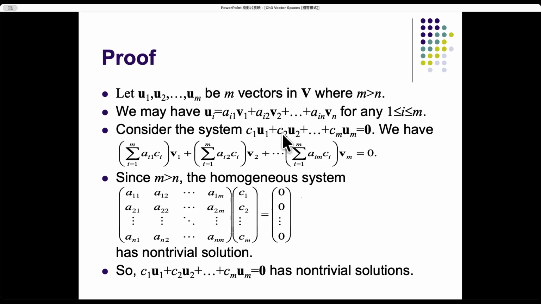Each of these has a V1, so we can get the V1 from every term here and put it together here. And we get V2 from every term here to put a V2 here. This is the leading coefficient and so on. So we can reorganize them into this one.